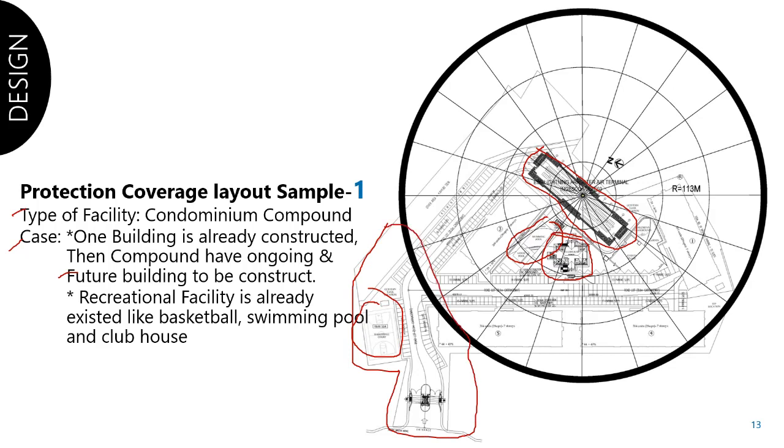It is already covered for lightning strikes. So even for the future building, you already covered the whole facility. That's why it is important to study the facility, not just the structure of a building itself, but if it is a large facility, study how to strategically position your air terminal to cover all the facilities.